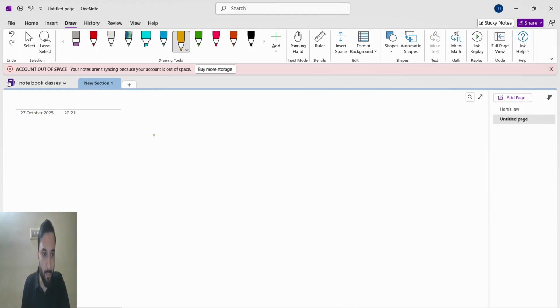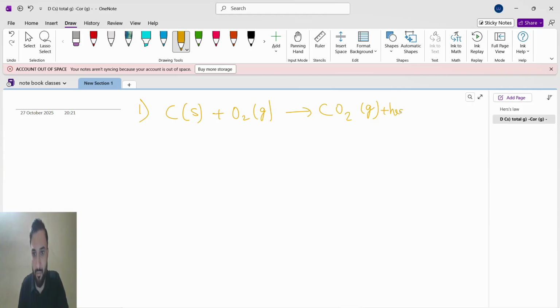Suppose this is a reaction in one step: carbon in the solid form reacts with oxygen in the gaseous form and gives carbon dioxide in the gaseous form, plus heat, because when any reaction takes place, heat is evolved.